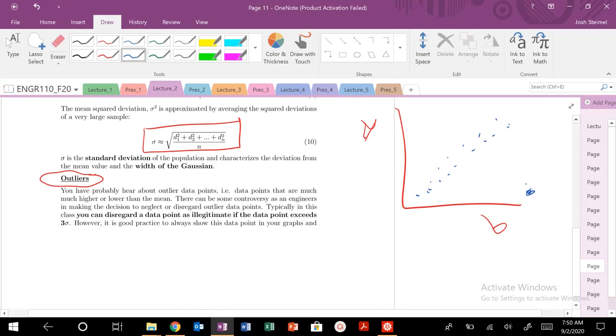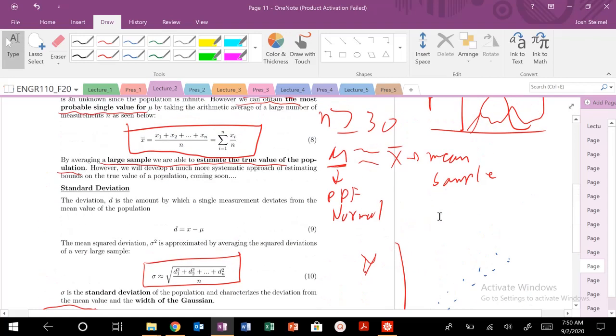But there are tools and some methodology that we're going to use in this class to identify an outlier point. In this class, we are going to disregard a data point as illegitimate if it exceeds 3 sigma. So if a data point, some measurand x sub 1, is plus or minus 3 sigma from your population mean or your x bar, we can disregard that data point.